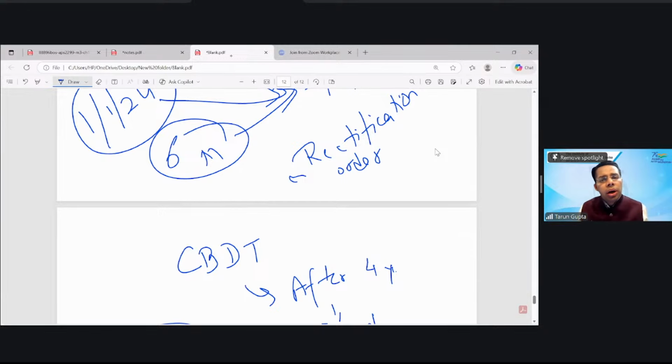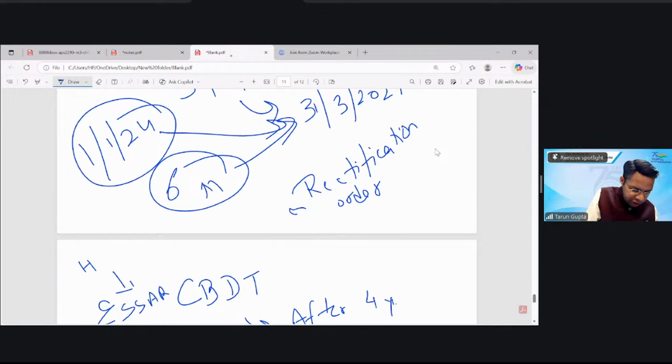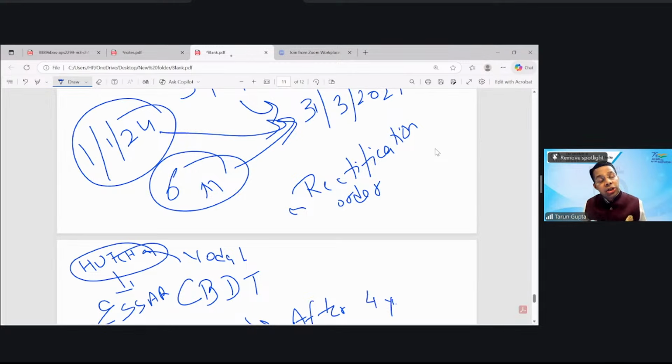What was it? Vodafone purchased the shares of SR India. Earlier the shares were held by Hutch, and Vodafone purchased them from Hutch. Because of some treaty benefit, whatever capital gain Hutch earned was not taxable in India.